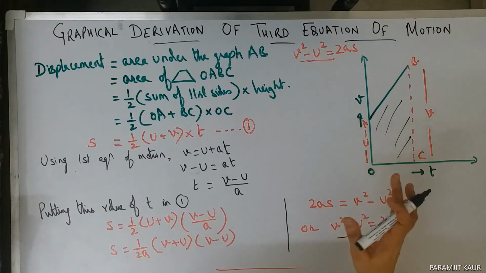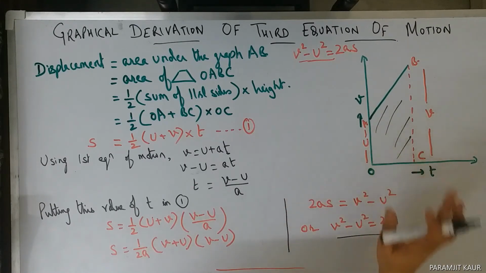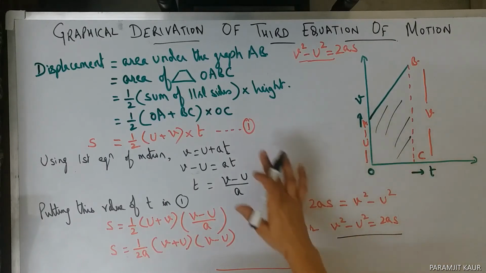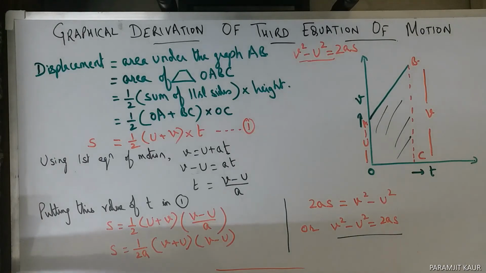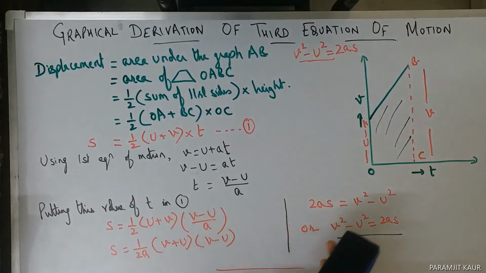Then there is a diagram or graph, whichever is applicable. And then comes the mathematical part of the derivation. After this, we will be taking up numericals based on the three equations of motion.